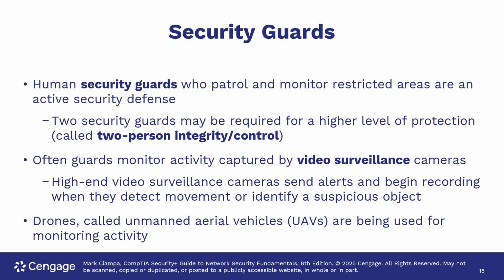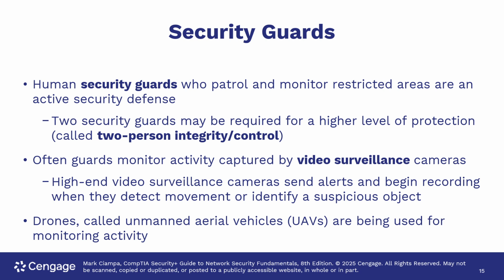So you have human security guards who patrol and monitor restricted areas. They're an active security defense. Remember, their job is to protect the site, the data center, or whatever it might be. Two security guards may be required for a higher level of protection.